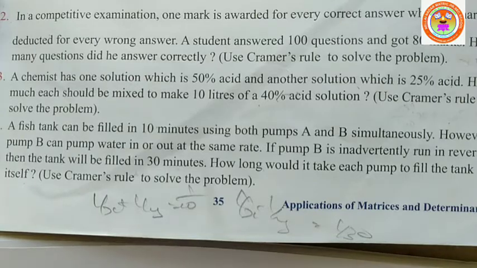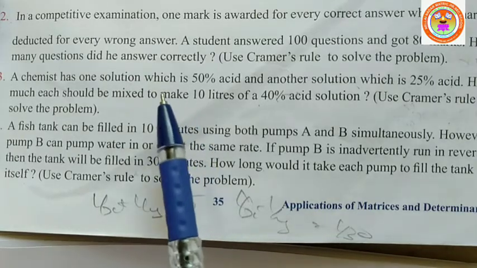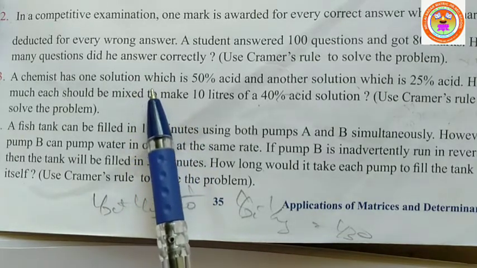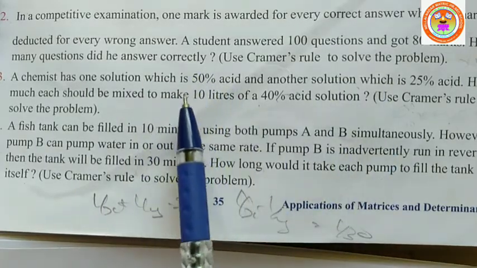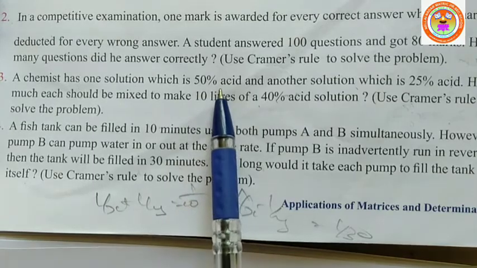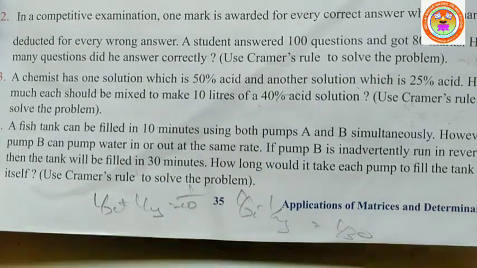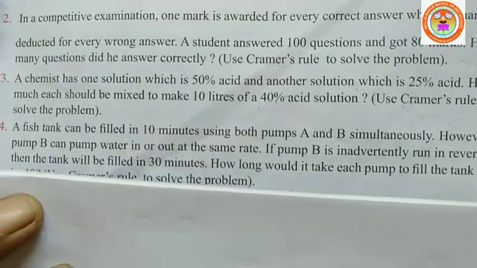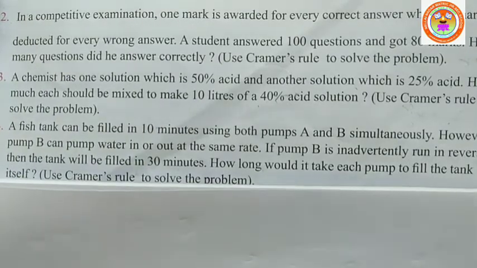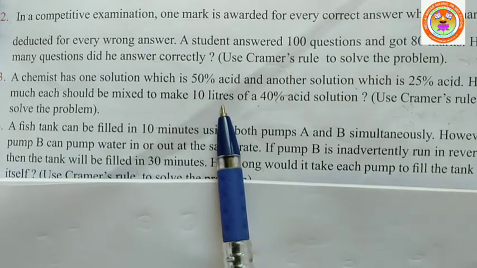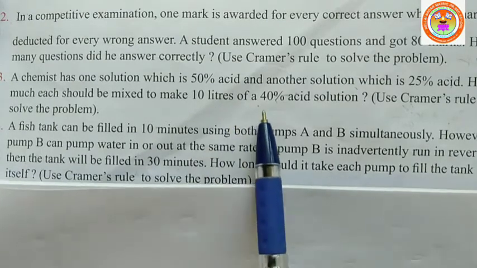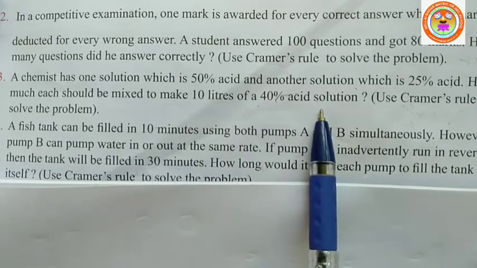So there are two data given, right? He has two solutions. One contains 50% of acid, another one contains 25% of acid. But he wants to make 10 liters, 10 liters of 40% acid solution.